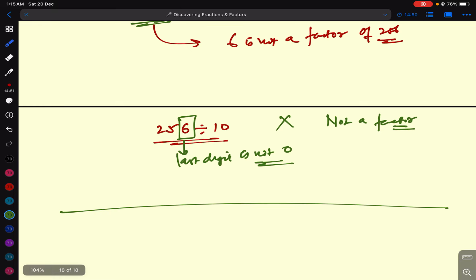Okay, now what exactly is a prime number? So when we talk about prime numbers, what is a prime number?